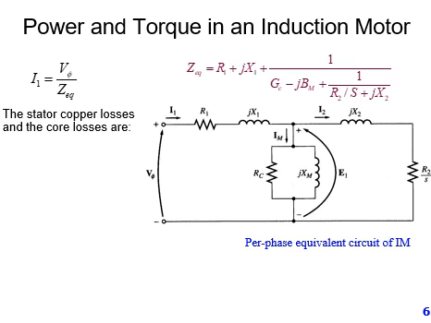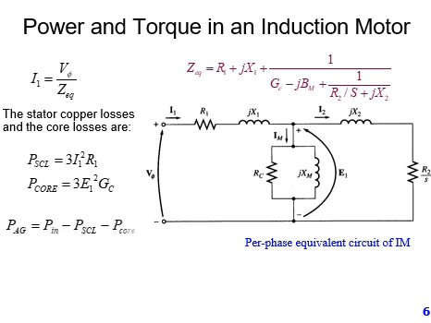If this is Z equivalent, then the copper losses and core losses can be obtained from the formula, and we will be able to find the air gap power.